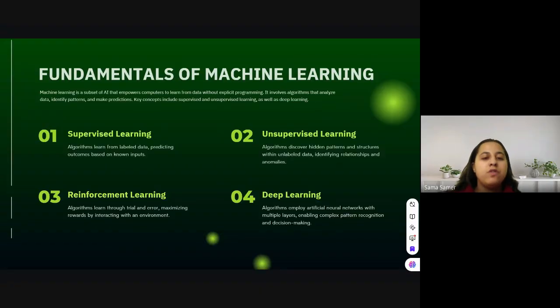But if it answers wrong, we give it an error or a penalty and say that's wrong, and it will stop, go back to the point where we stopped, and try again until it figures out the maximum reward in this environment or in this game. Then fourth, we have deep learning. Deep learning here is about artificial neural networks, and let's not talk about it now. We will talk about it later today.